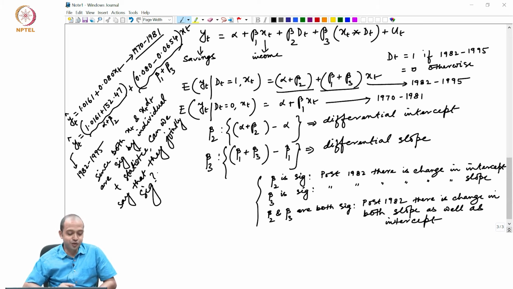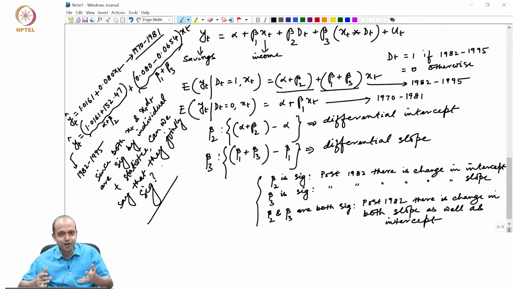Can we use the individual t statistics to say that they are jointly significant without conducting any further test? The individual statistics show that the post-recession slope and intercept are each significantly different from the pre-recession period. Can we say that slope and intercept are jointly significantly different?